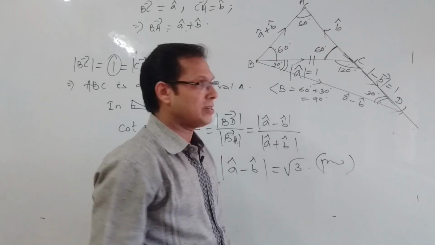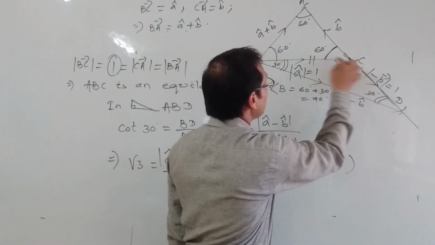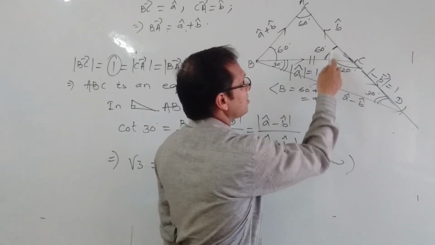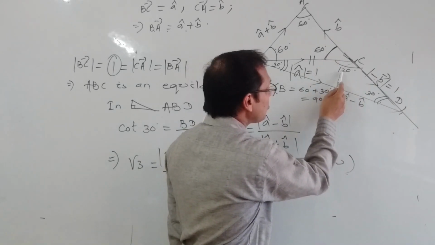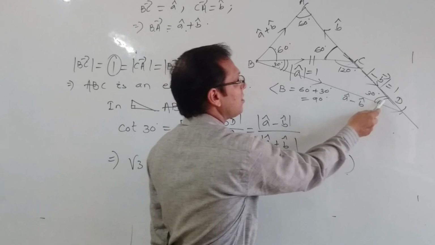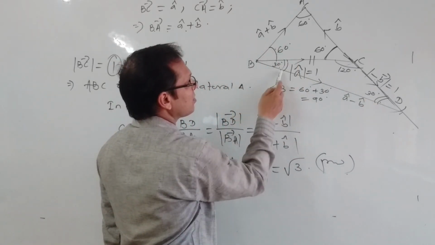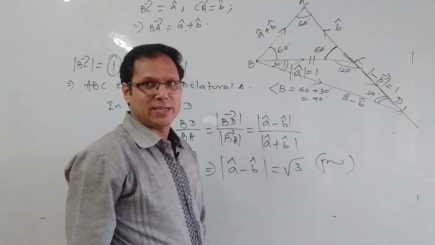Isosceles triangle means these two sides are equal, means these two angles are also equal. And this one 60 means this one is 180 minus 60, 120. 180 minus 120 divided by 2, each of the angles will get 30. So 60 plus 30 is equal to 90. So this one is a right angle triangle.